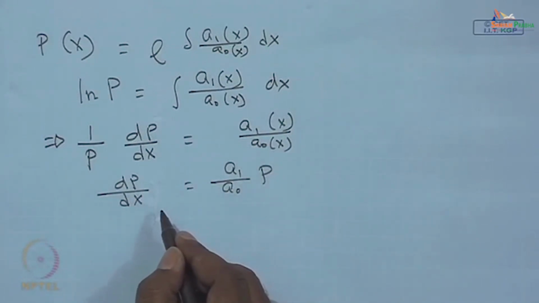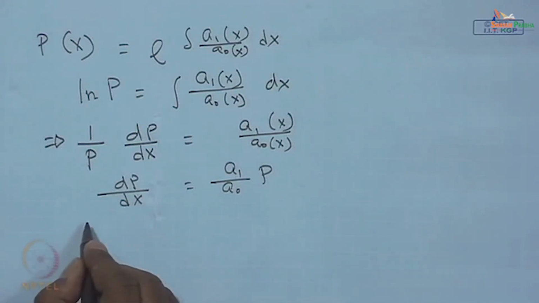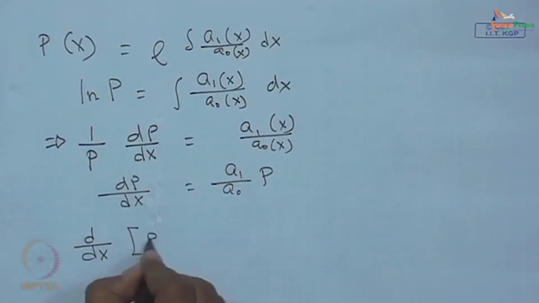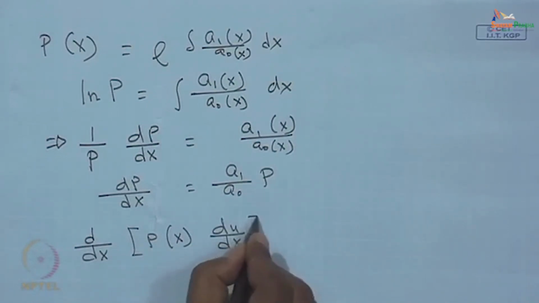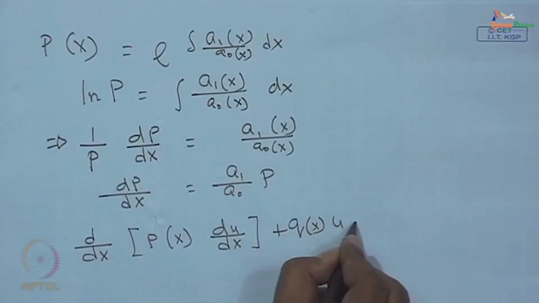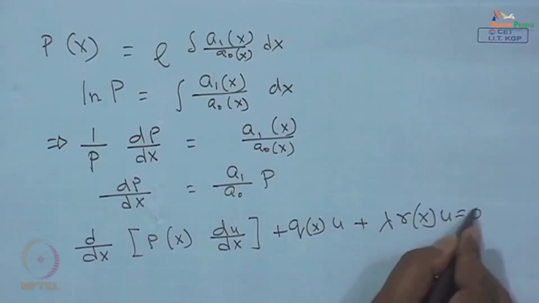Now, if we put these values into the governing equation, d/dx of p of x du/dx plus q of x u plus lambda r of x u is equal to 0.